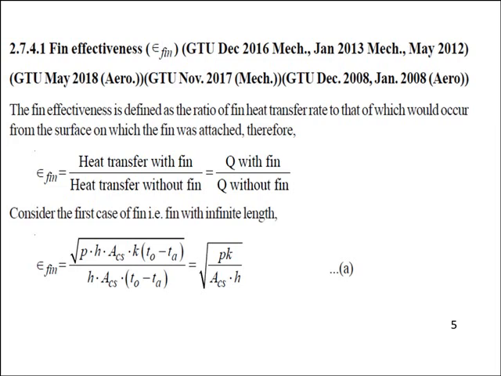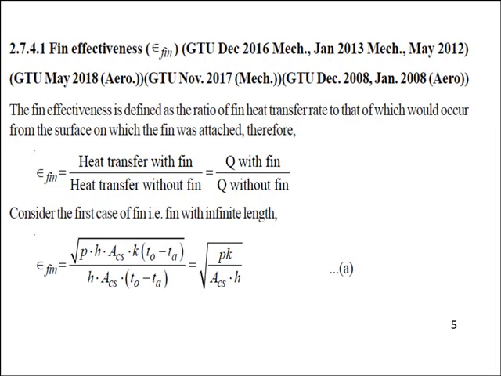If we consider the first case, that is a fin of infinite length, the heat transfer with fin is under root of PhAk into (T0 minus T∞), and the heat transfer without fin, that is convection heat transfer, is hA into (T0 minus T∞). If we find the solution, we get under root of Pk divided by Ah, where P is the perimeter, A is the cross-section area of the fin, k is the thermal conductivity of the fin material, and h is the convection heat transfer coefficient of the surrounding fluid.